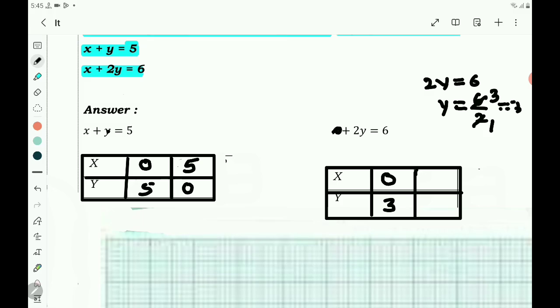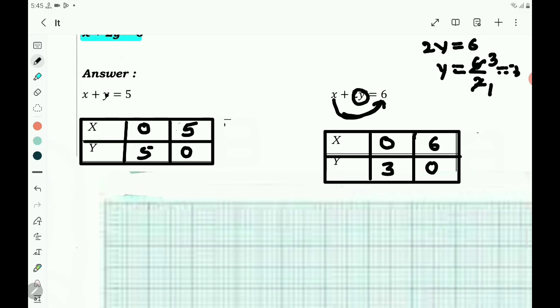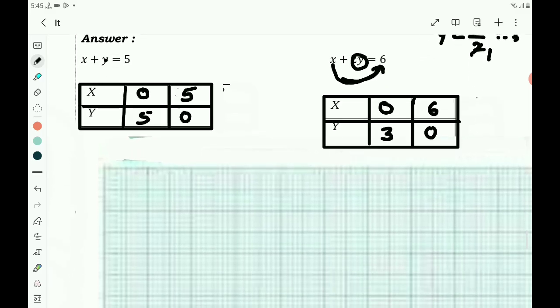So you take 3. Then if y equals 0, this 2y also becomes 0. Then x equals 6. So if y equals 0, the value of x is 6. You got the two sets of coordinates for each equation.